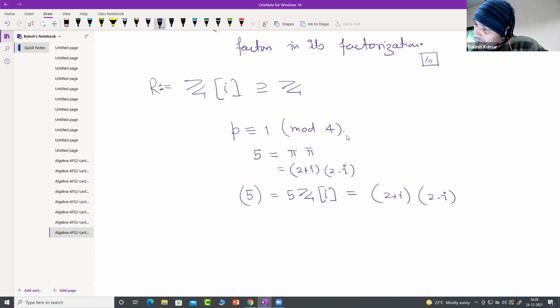And we have seen that 2 plus i and 2 minus i are prime elements, so the ideal generated by them will be a prime ideal. And so this is the factorization, for example, of 5, which is a prime integer. Inside Z it has exactly two factors.